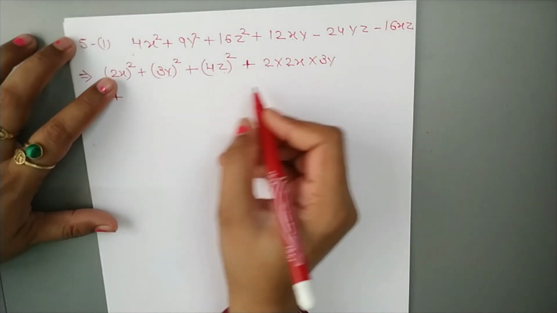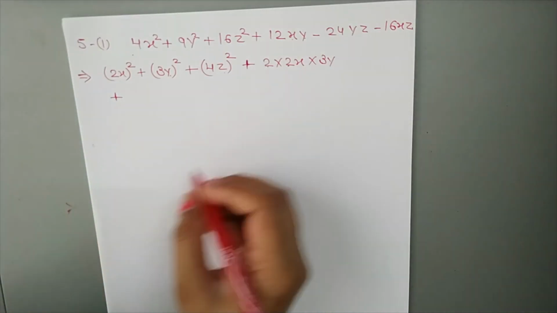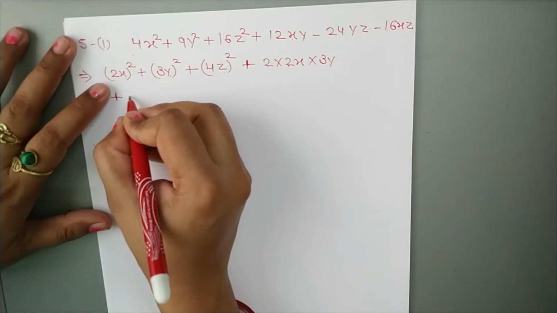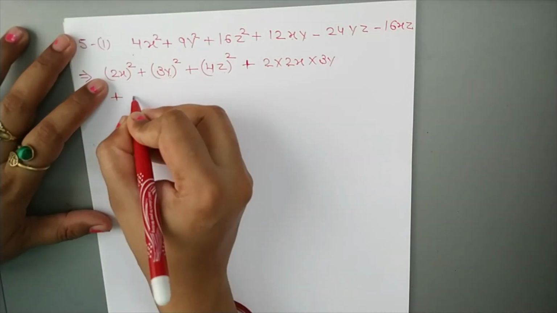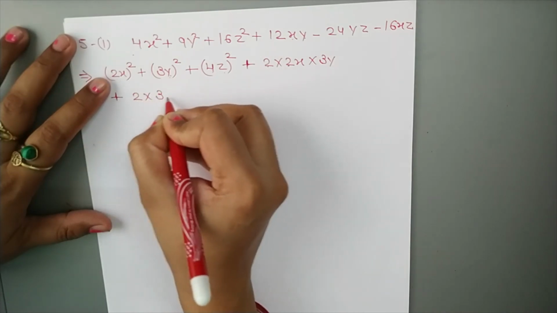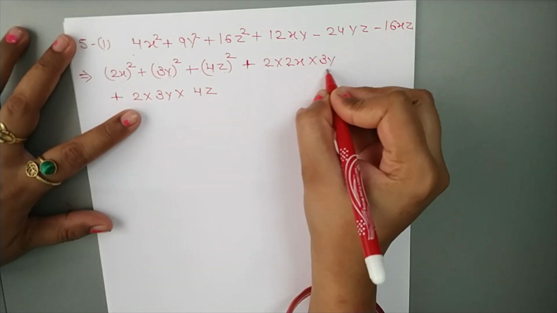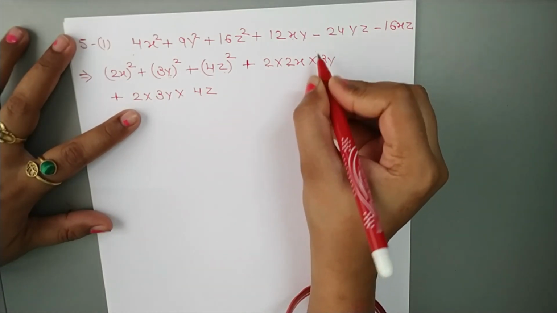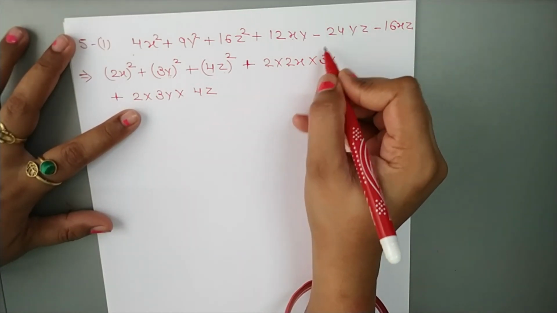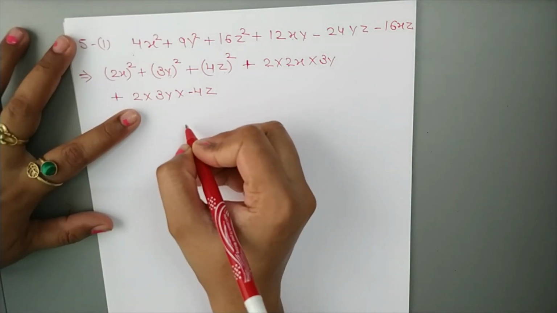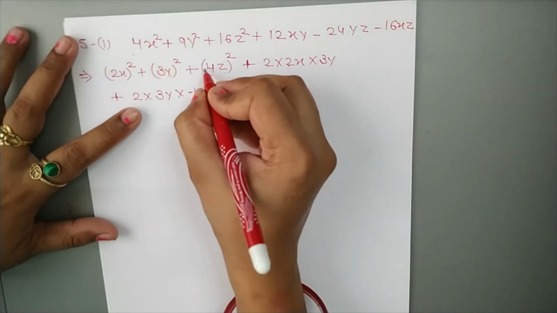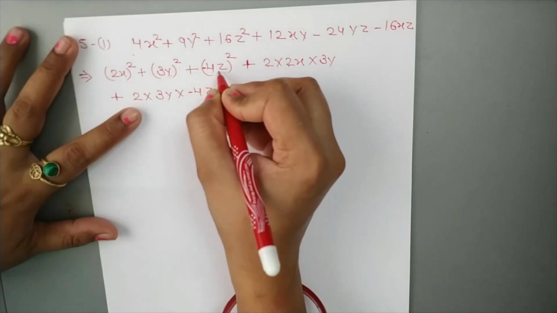So I am just writing here. What will be the formula? 2ab, then after that 2bc. So 2 into 3y into 4z. Here you can see this is positive, then we want negative sign, so maybe it will be negative. So here you can write minus 4z.